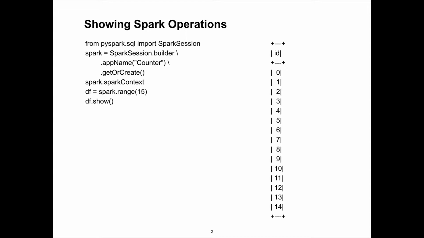And so it also becomes important to understand what part of your code is being run where. So here's an example. Just creating a range and then showing it. So the column name's ID, right? This is just information.